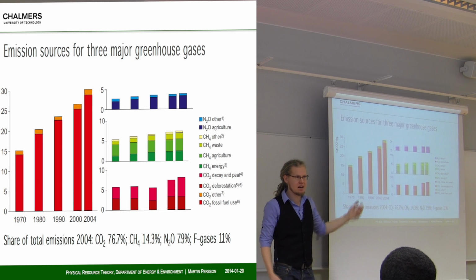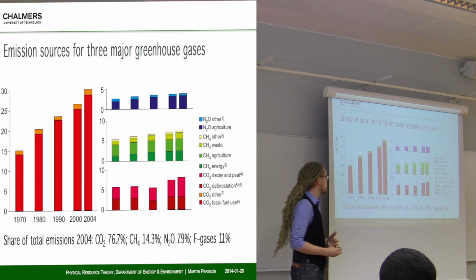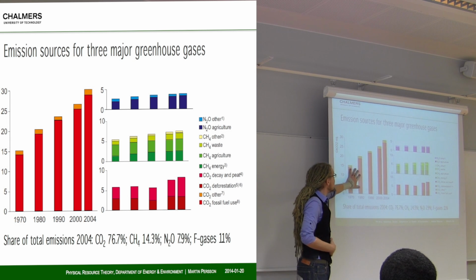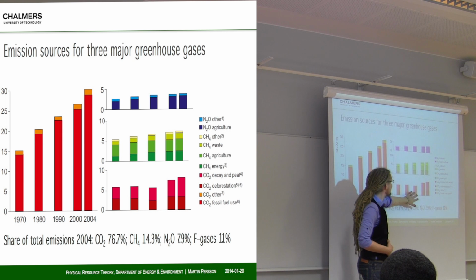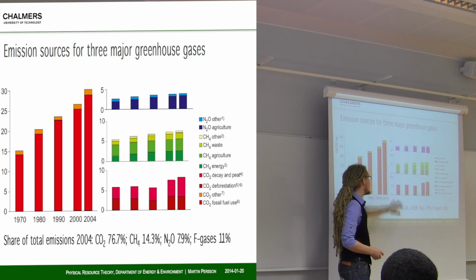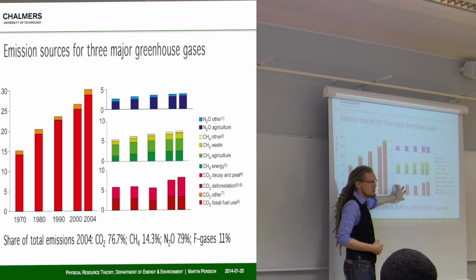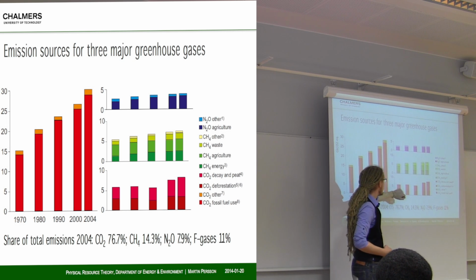So the reason these concentrations have gone up is anthropogenic emissions. For carbon dioxide, it is mainly fossil fuel use, but also emissions from deforestation and from decay of peat, primarily from deforestation in tropical Asia, where you have peaty soils.